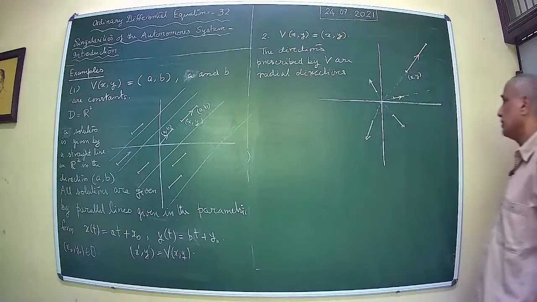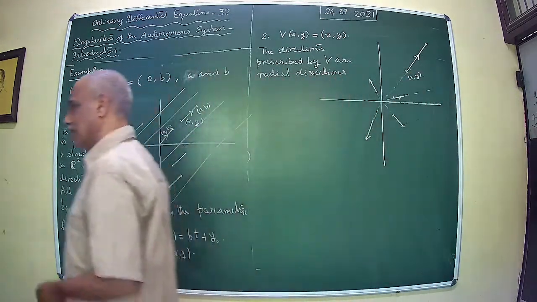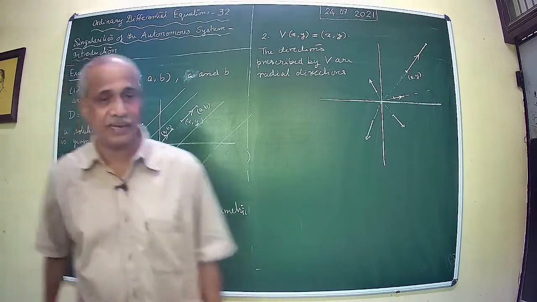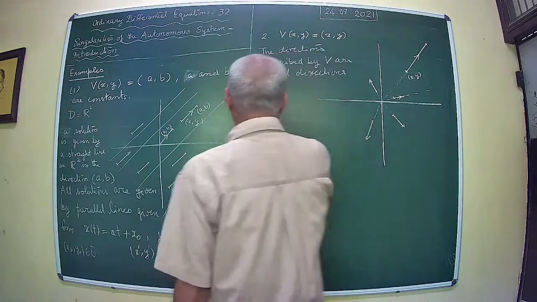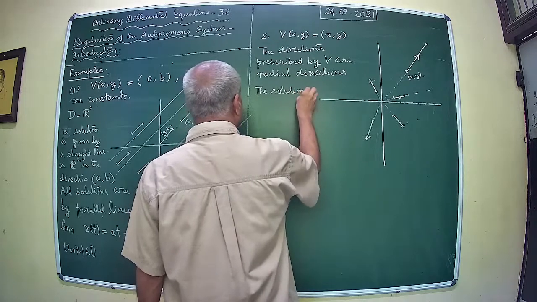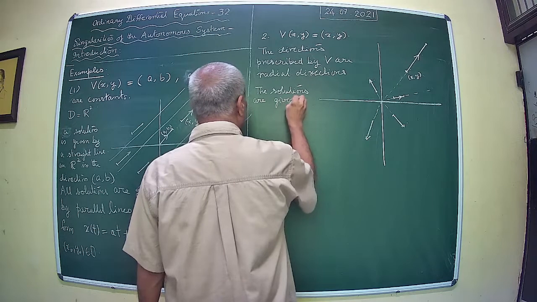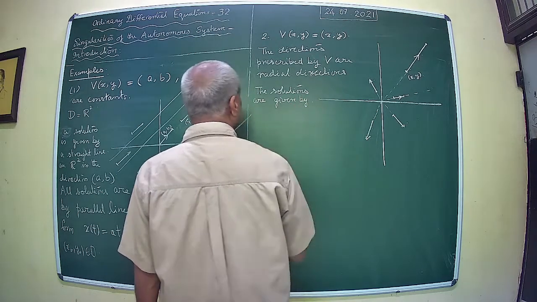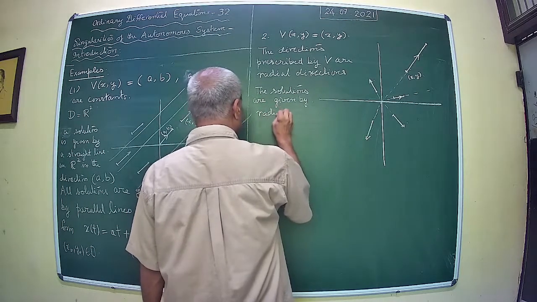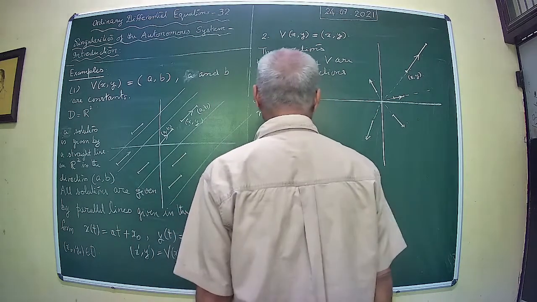Therefore, what are the solutions that you have? Like in this specific case, we can immediately write down what the solutions are. The solutions are given by radial lines.